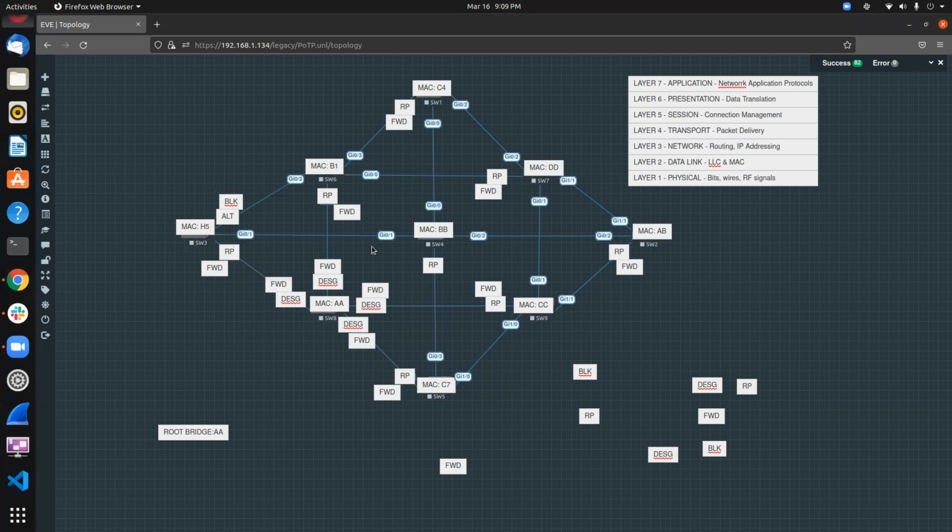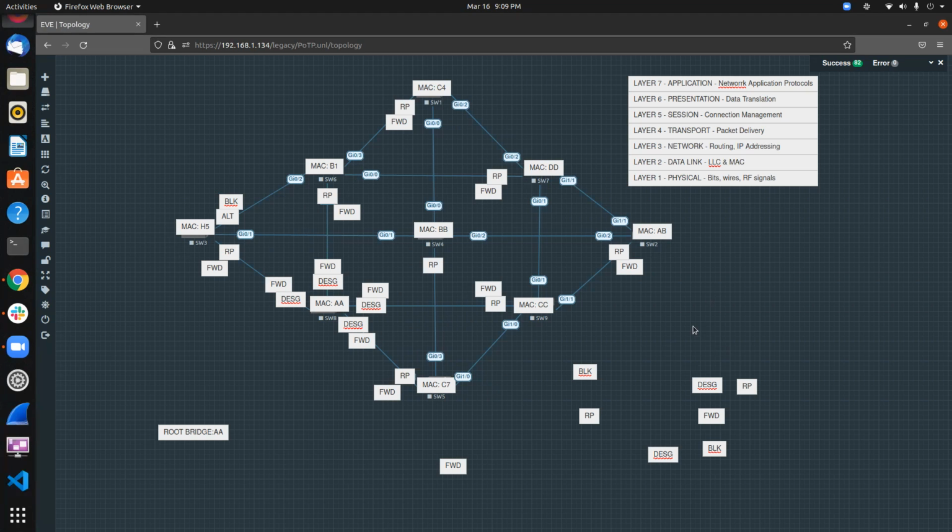Okay. And what are we doing on the interface on switch 6 going towards switch 3? What's going to be that port state and role there? It's that designated switch.